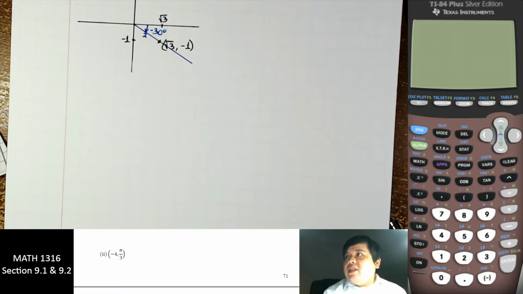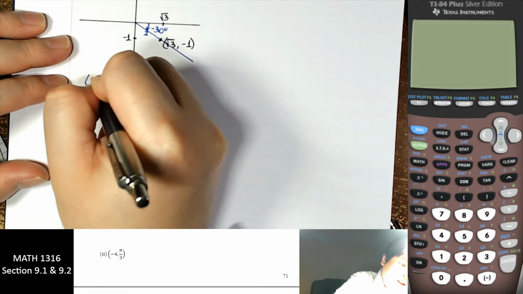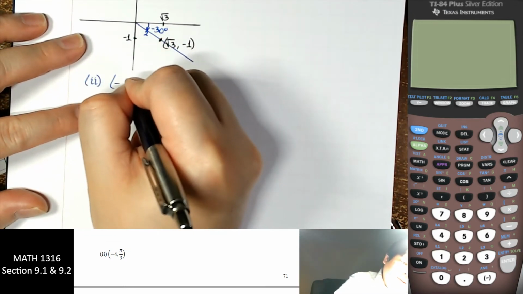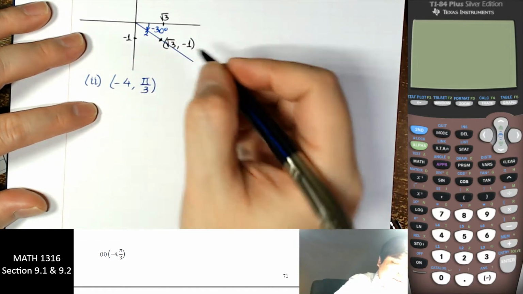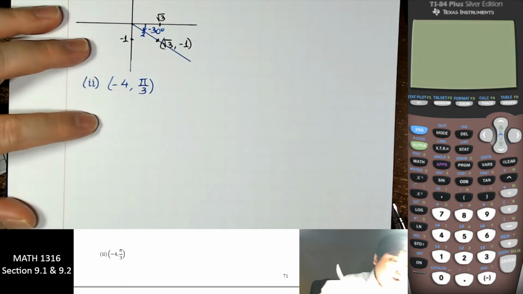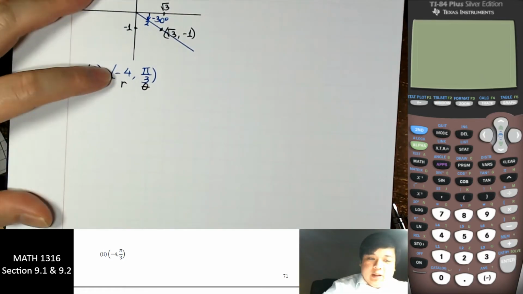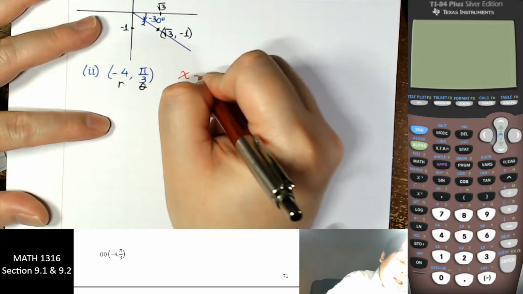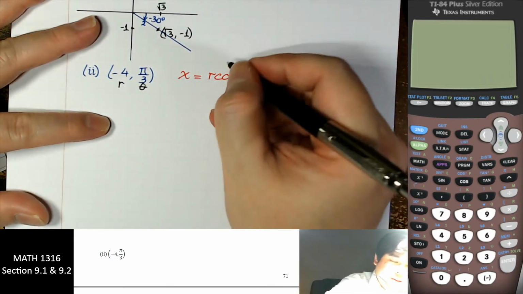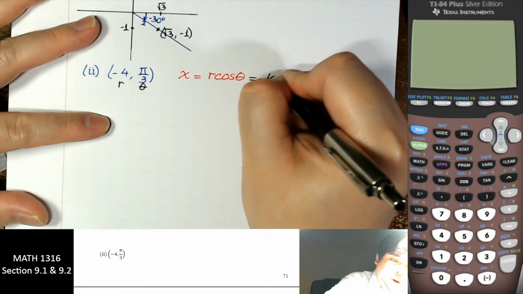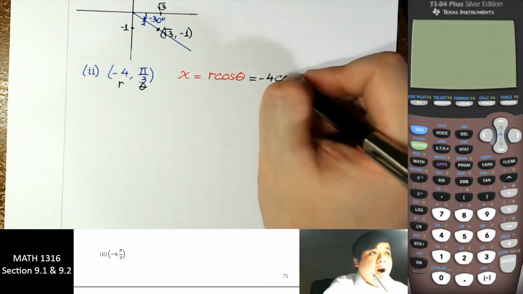Right. Next, negative 4 and pi over 3. And this one, of course, is also given in r and theta. So x equal to r cosine theta. Negative 4 cosine pi over 3. Pi over 3 is 60 degrees.